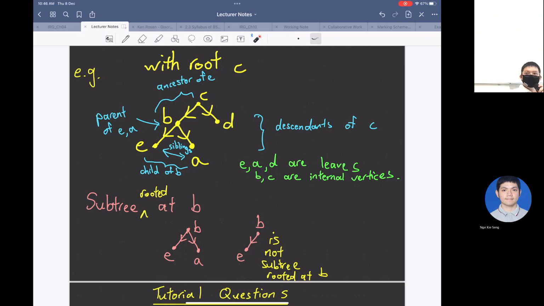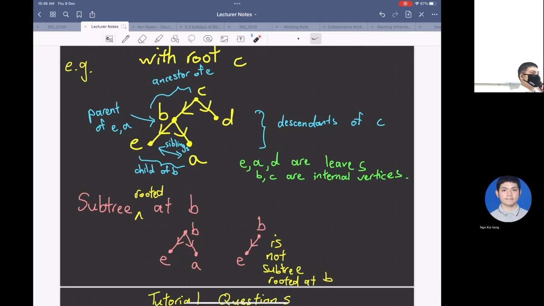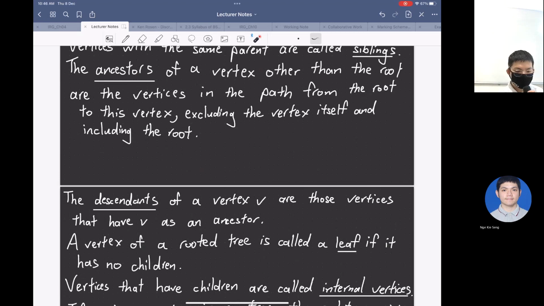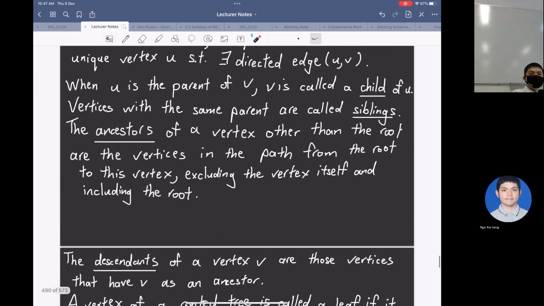Any question? Yeah. Is C a descendant of C? I think this is not reflexive, right? A descendant is those vertices that have V as an ancestor. But C is not an ancestor of C. C is not a descendant of yourself.